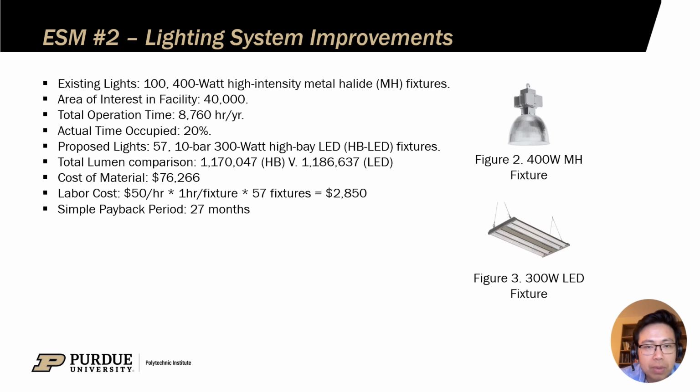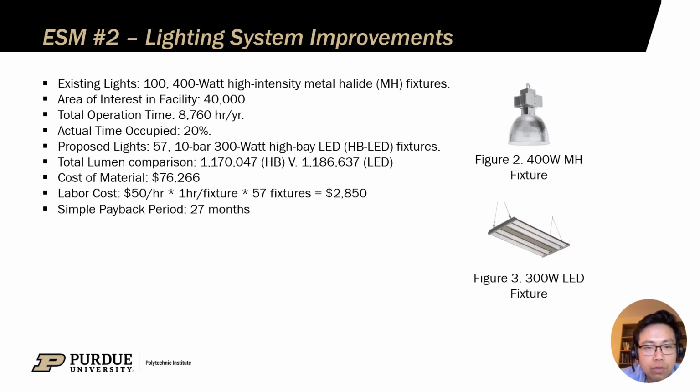We propose replacing them with 57 high bay LED fixtures, each 300 watts. These LEDs provide slightly more light, around 1,170,000 lumens from the MH fixtures versus 1,186,000 lumens from LEDs, while using less energy.